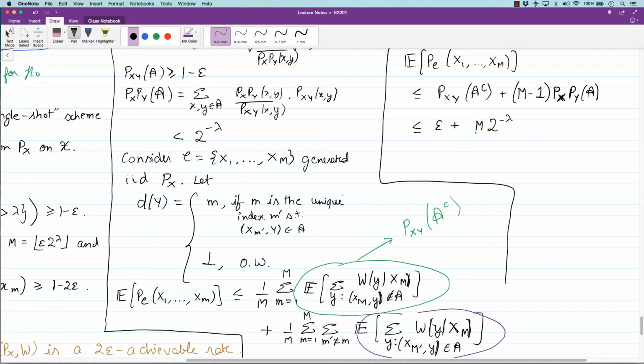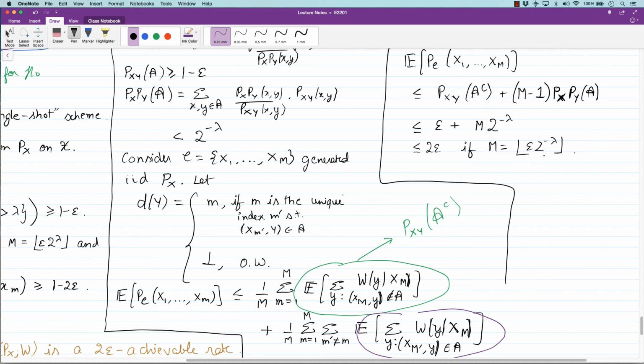And now if you choose M to be floor of epsilon 2 to the power lambda, which is less than or equal to 2 epsilon, all right.